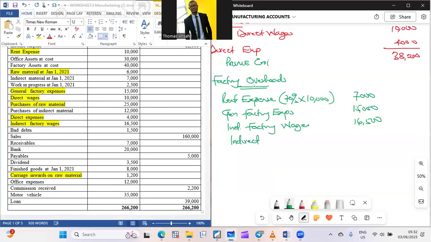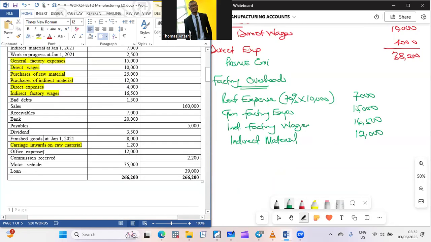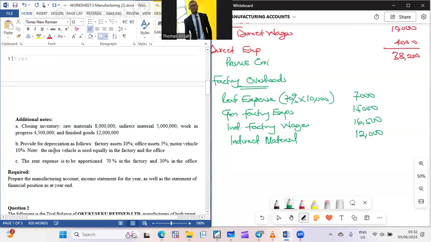You remember, factory overhead is for indirect material, indirect. So this one even should have been the first, but it doesn't matter. It's 12,000. Bad debt to go to the other side. Receivable is all these ones. This is for finished goods. Office expense, commission received.